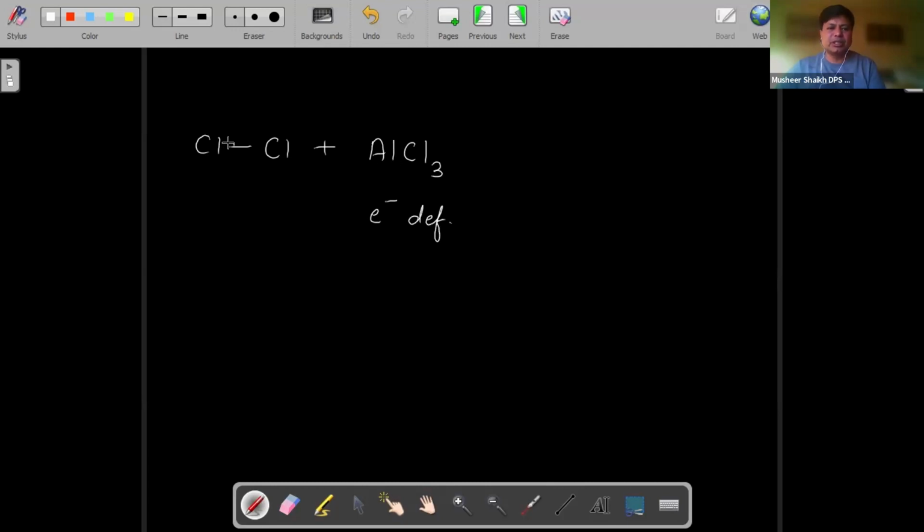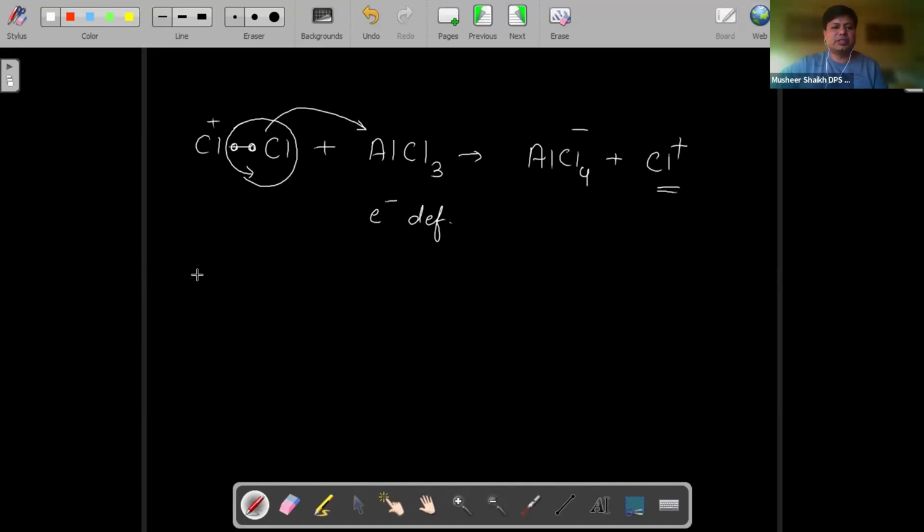So what happens is it attracts Cl minus, and forms AlCl4 with the minus charge. Once the Cl minus goes onto the aluminium, what is left behind is Cl plus.